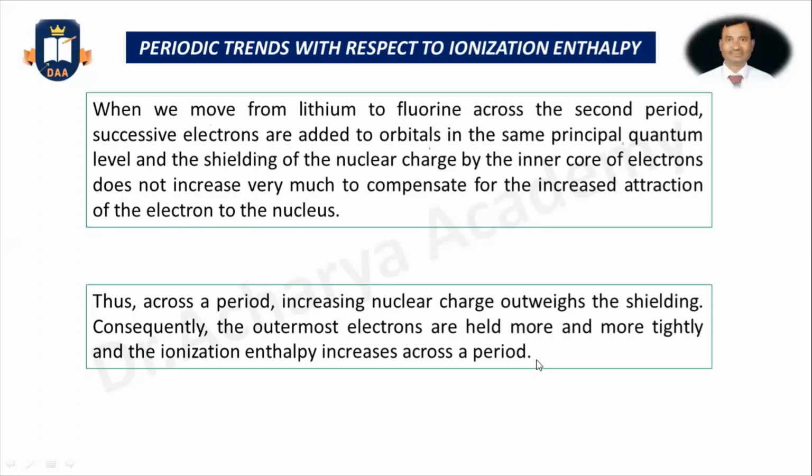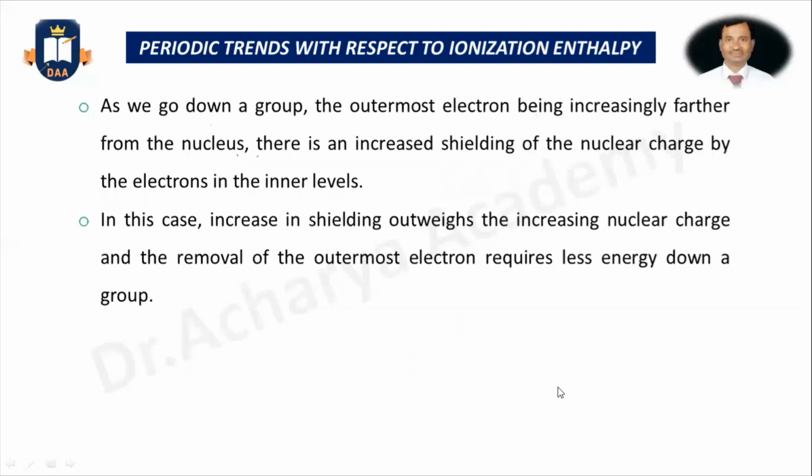That means in a period, if you go from the left side element to the right side element, then ionization enthalpy will be increased. Now for a group, as you go down in a group, I already discussed that as you go down a group, then ionization enthalpy will be decreased.